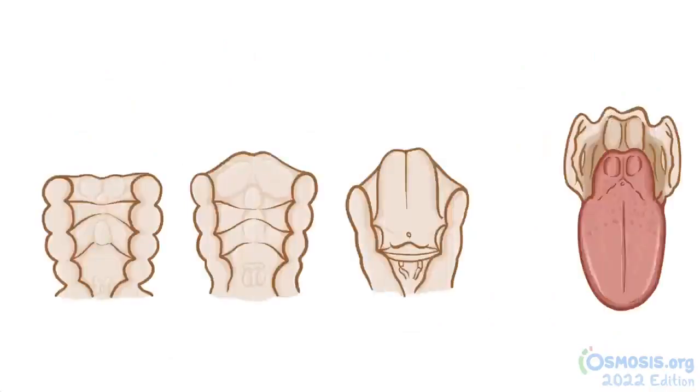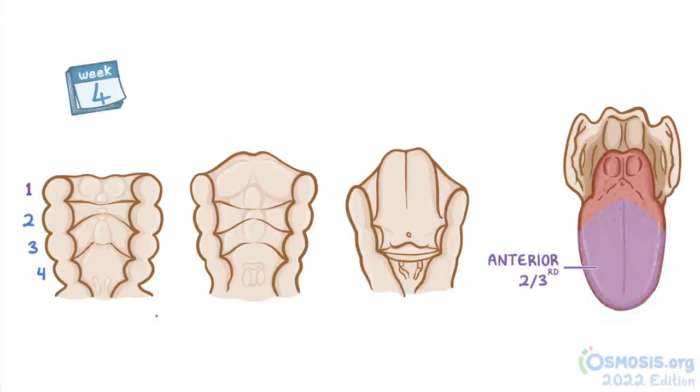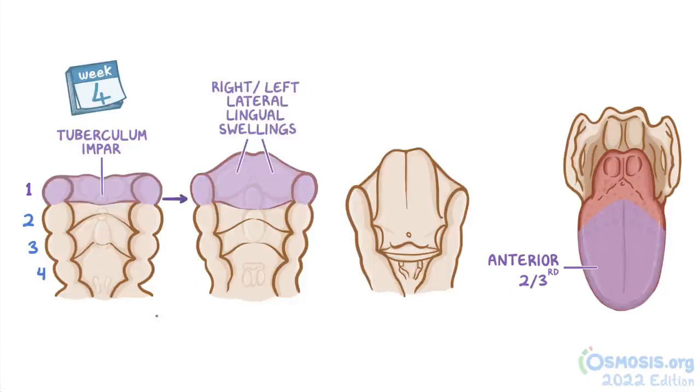Alright, as a quick recap, the tongue starts developing by week 4 of intrauterine life from the first 4 pharyngeal arches. The anterior 2/3 of the tongue develops from the first arch mesenchyme as the tuberculum impar and 2 lateral lingual swellings. The lateral lingual swellings grow over tuberculum impar and merge along the midline, eventually forming the median sulcus.